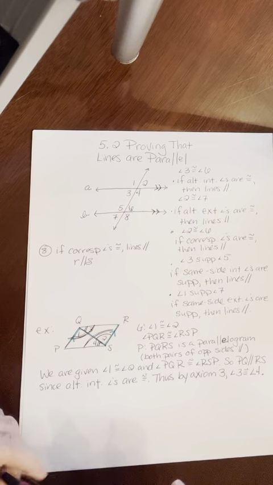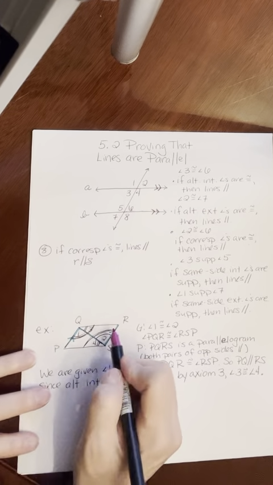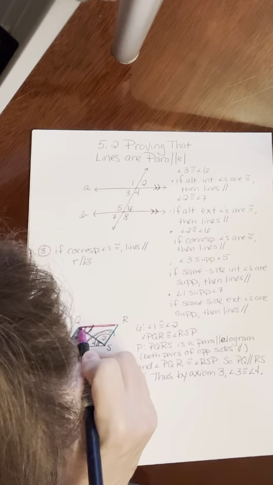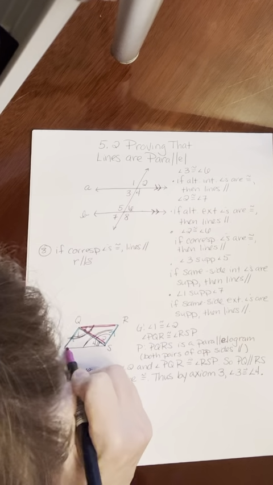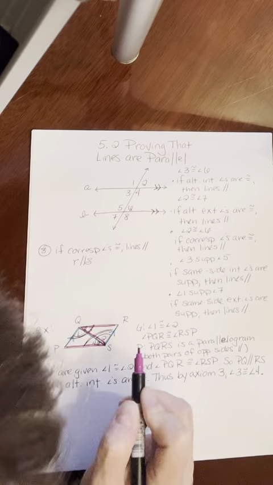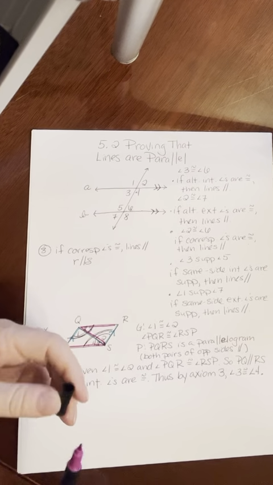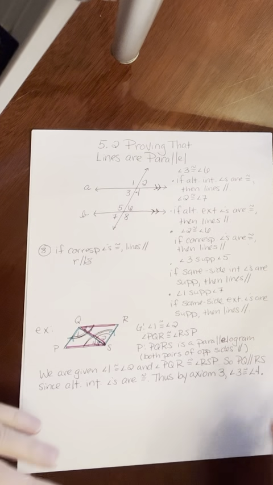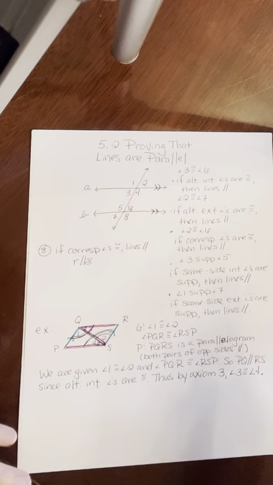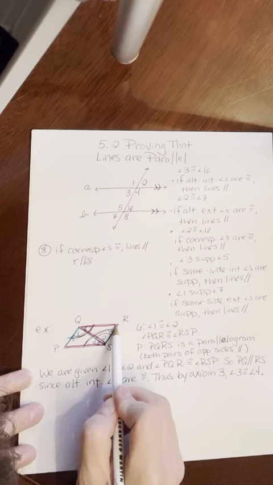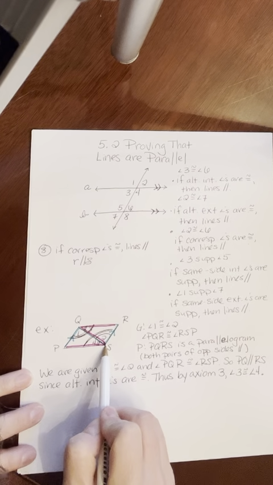Okay, let's trace angle 3 and angle 4 and let's see if they give us anything. Angle 3 does this, and angle 4 is this. Oh, hey, look, there's another Z. Do you see the Z? The purple Z? But it's a different set of parallel lines. So QR would be parallel to PS.